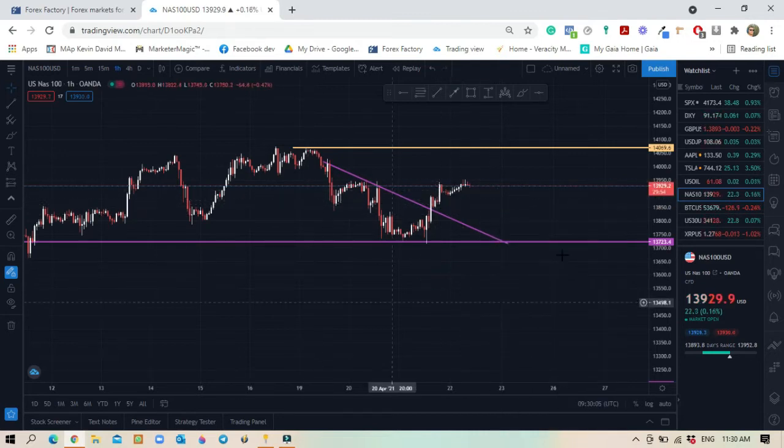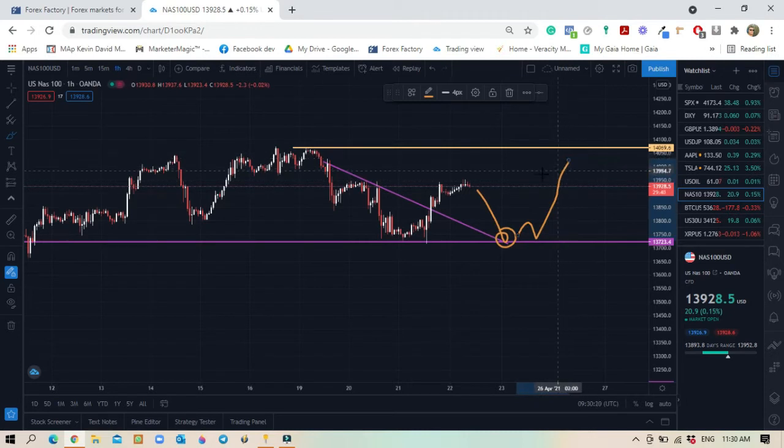So on the hourly, I'm very happy with what I see. If we have a movement straight down to here and we see rejection from here on the supports and a movement up and another touch, then it's going up. If we don't and we see a pull up to here and rejection from here, then we're looking for a movement down, back up, for a movement back to the support.